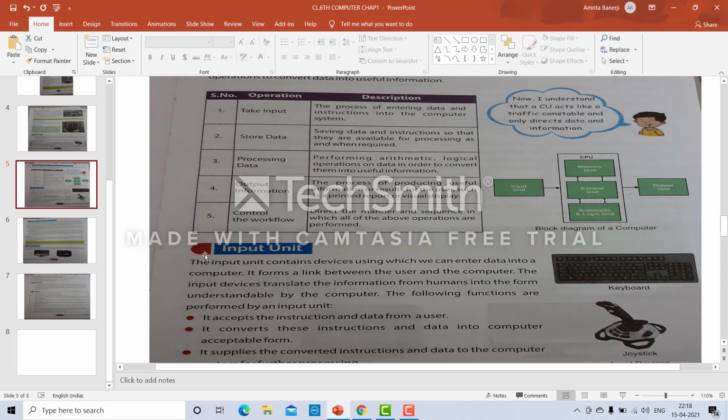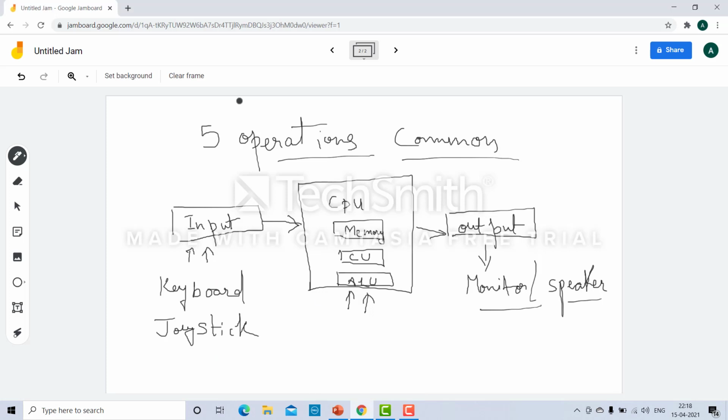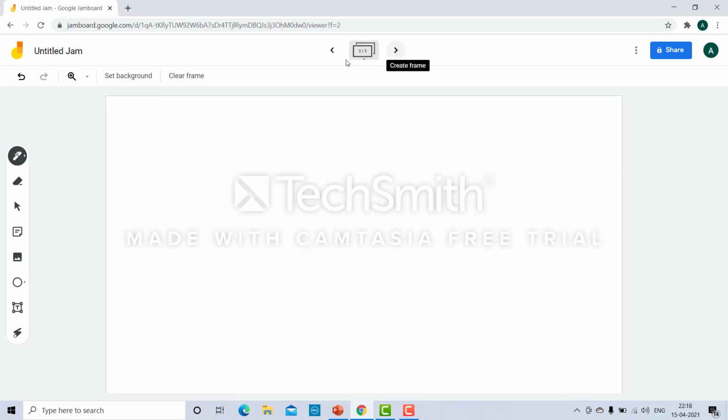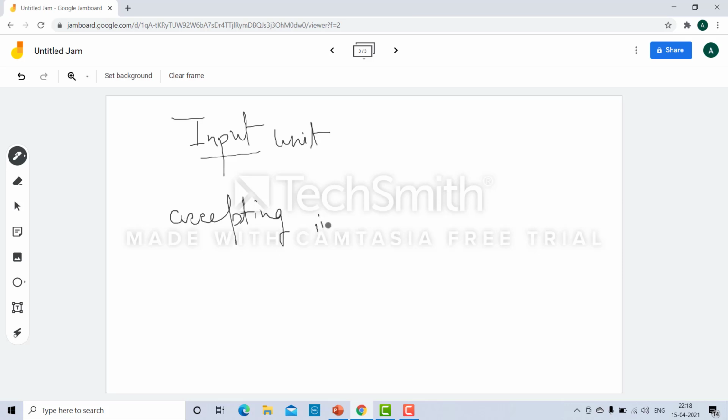Now the next topic we have, children, is the input units. Input units have a few operations which are common for all, as we have already discussed what input units will do. Input units are used for accepting instructions from the user.